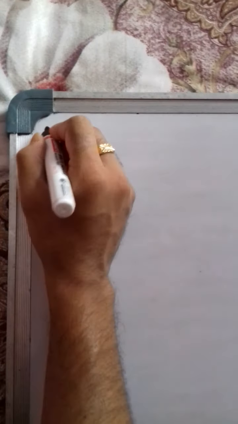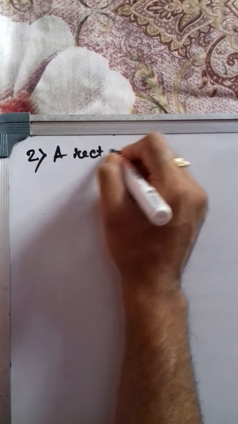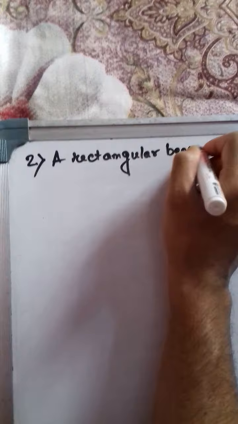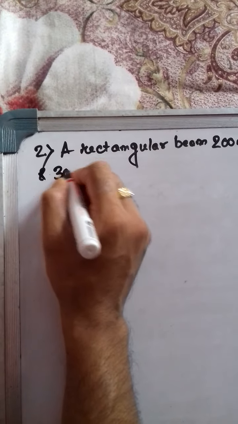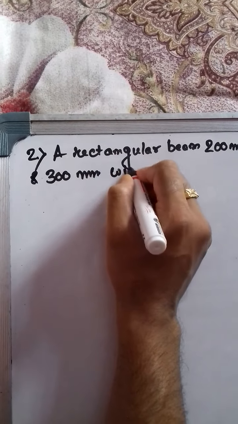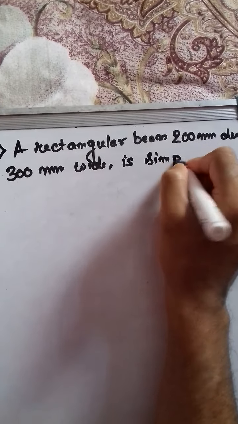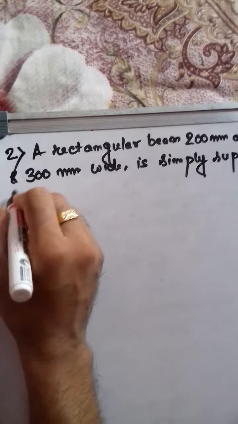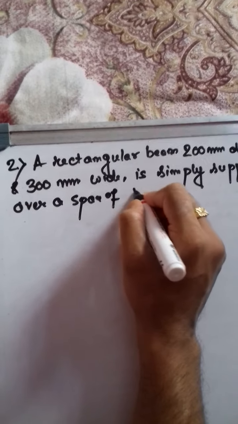See a typical problem. A rectangular beam 200 mm deep and 300 mm wide is simply supported over a span of 8 meter.